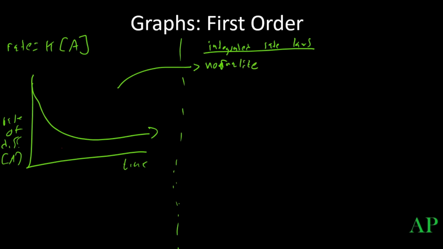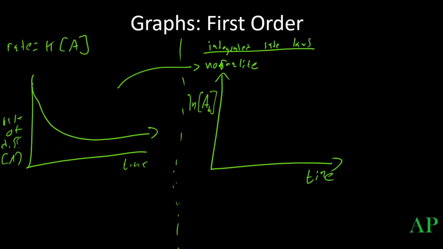Normalizing in the sense that we're going to take this graph and see what we can do in order to make it into a straight line. If you graph time on the x-axis against the ln, so natural logarithm of your concentration at any given point in time, you end up with the following.